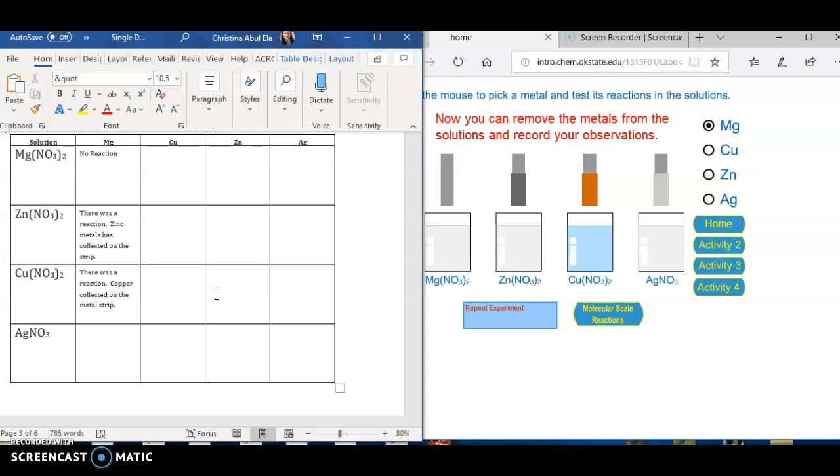So magnesium has replaced copper or kicked out copper in this reaction, and now copper is by itself on the product side, and therefore we've isolated copper, we've collected that metal. And then finally the last one, magnesium plus silver nitrate, that goes in the bottom box there. Yes, there was a reaction. Silver this time was collected.